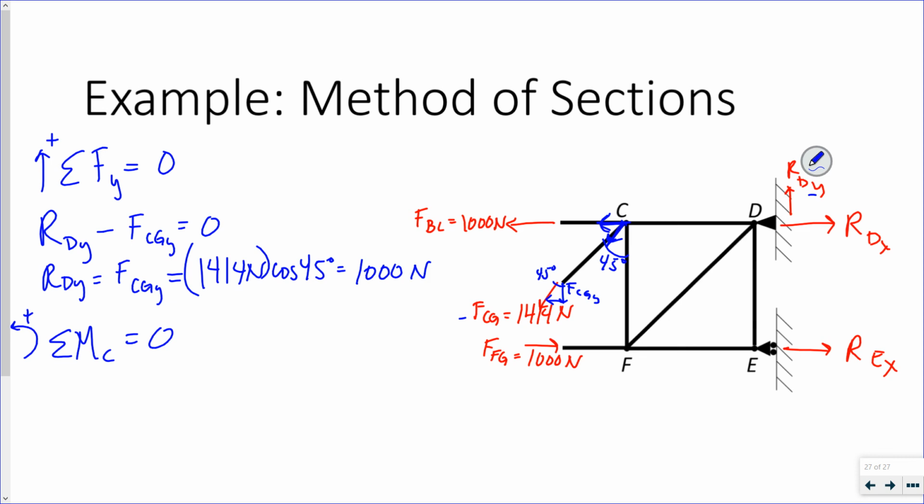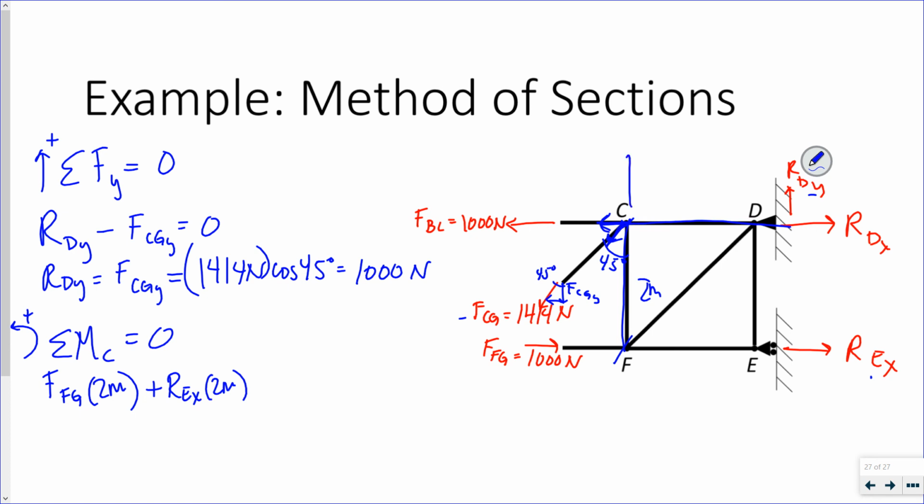FCG, that'd be a 0 moment arm. Let's see, FFG acts at 2 meters, in the counterclockwise direction. So I have FFG times 2 meters. I have the reaction at E in the x direction, also acting at 2 meters. Reaction at D in the x direction doesn't matter because it would be a 0 moment arm.